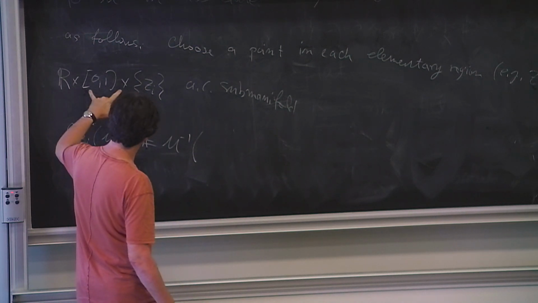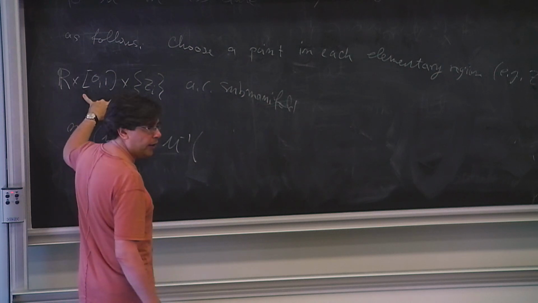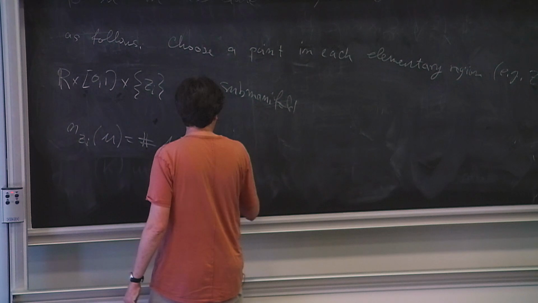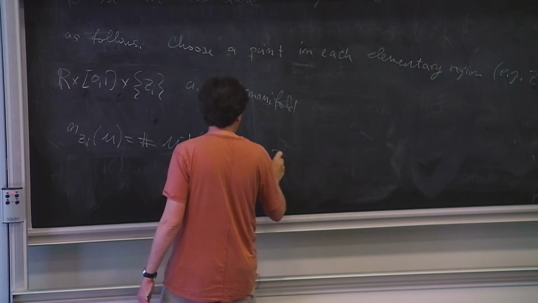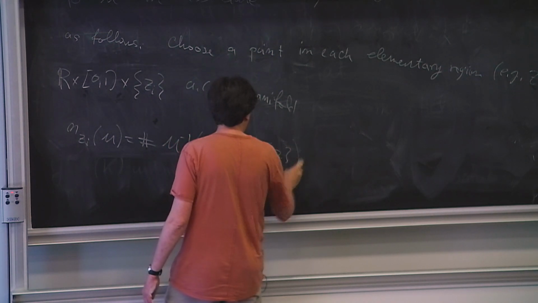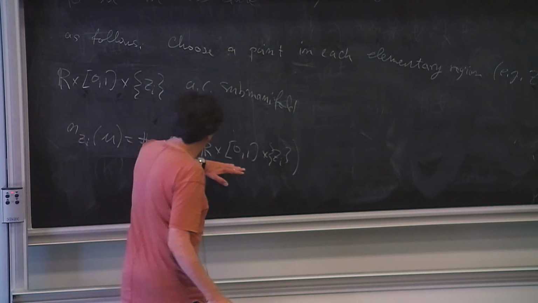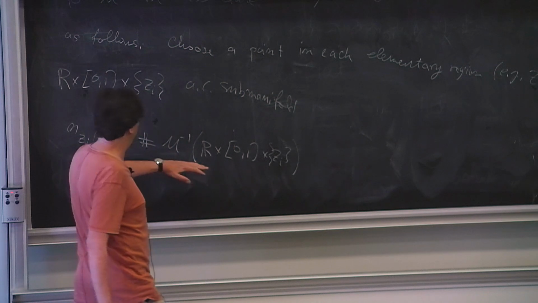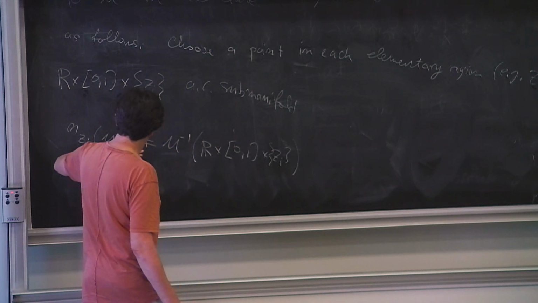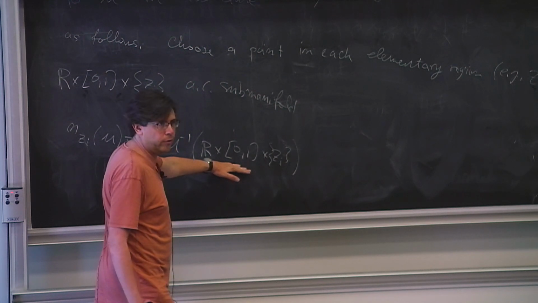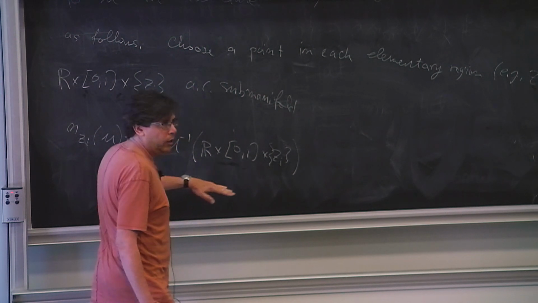So essentially, we intersect the image of u with that. So for the generic choice of z_i, u is transverse to this, and we can actually count the number of points.